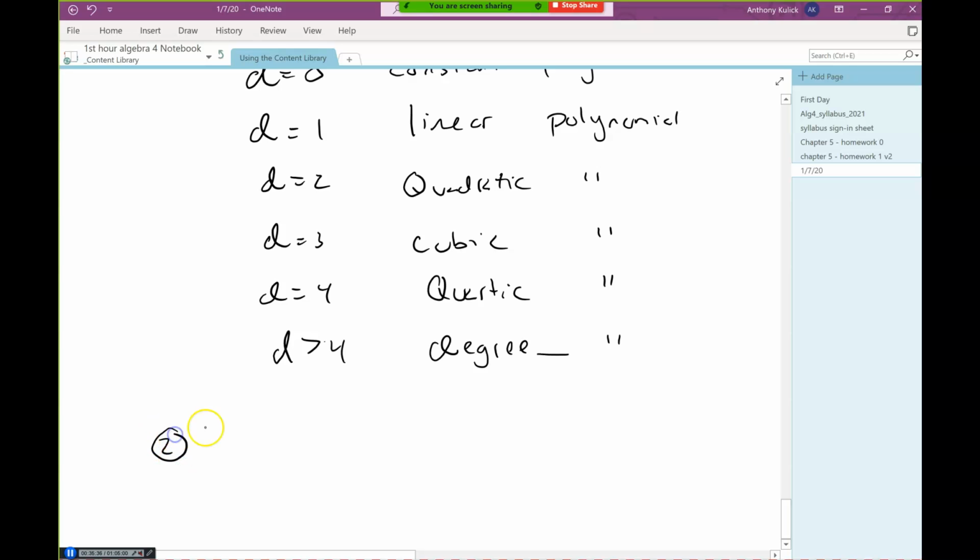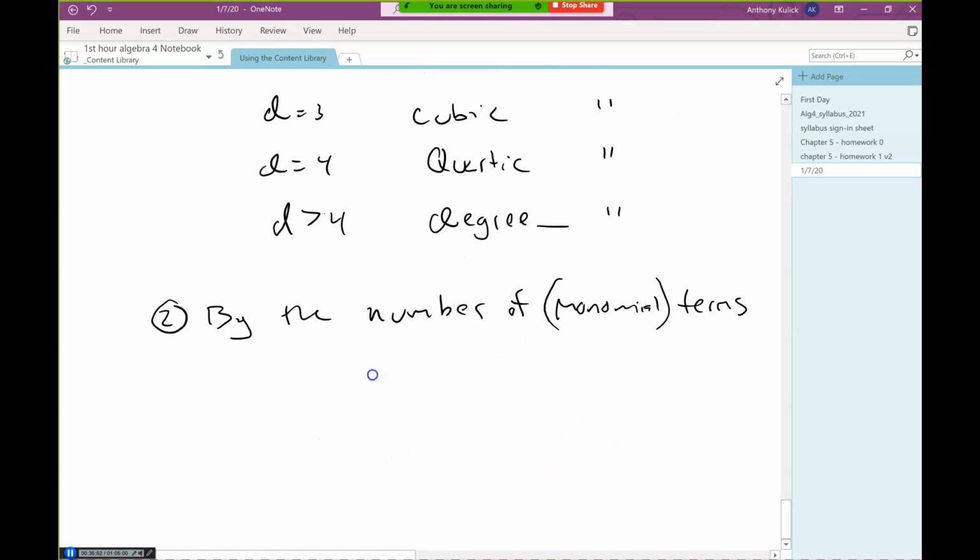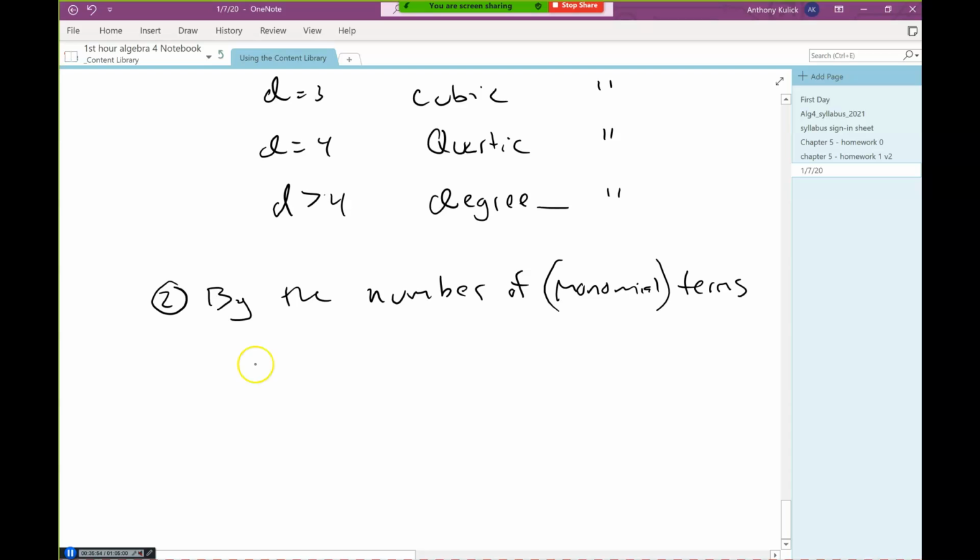The other way we can name polynomials is by the number of monomial terms. Sometimes we leave out that word monomial and just say the number of terms. So one term is just a monomial. Two terms we call a binomial.